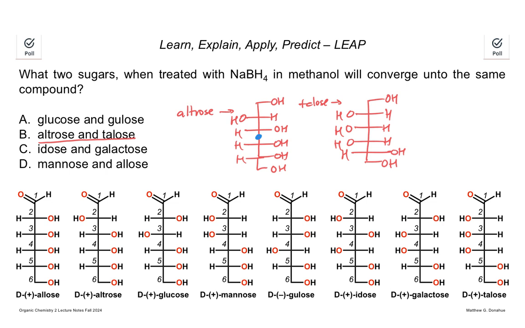So in that dot, if you put an axis and then rotate it 180 degrees, you'll see that the OHs on the right from the altrose product become the OHs on the left in the talose product.